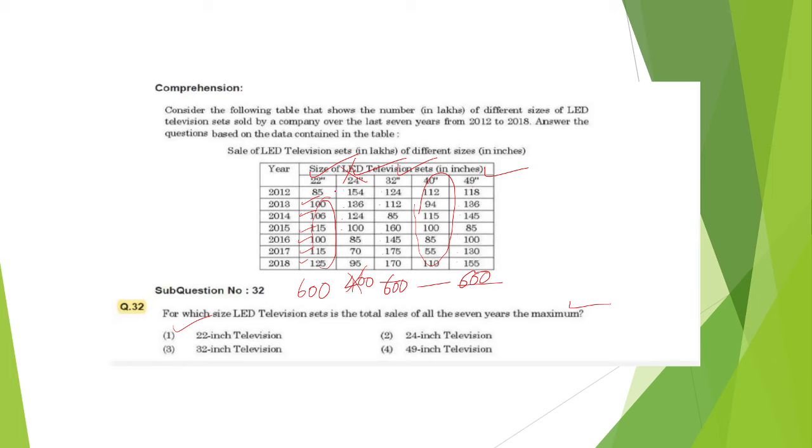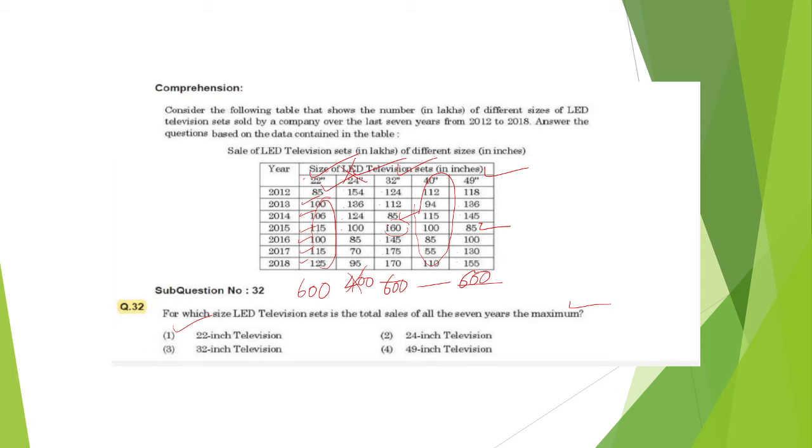In 22, 32 and 49, 85 is common, so there is no difference from 85. Here 100 is there. Here 124, 106, 112, 115. Here a very big difference is there. 115, 160. Here only 100, 145. Here only 115, 175. Here only 125, here only 170.